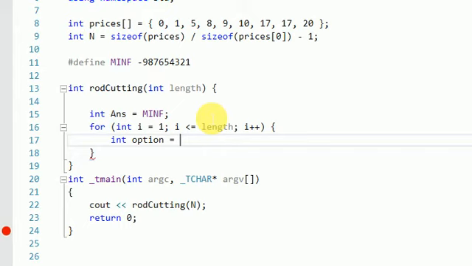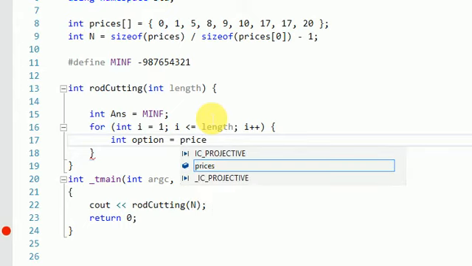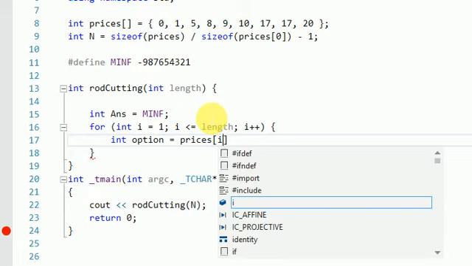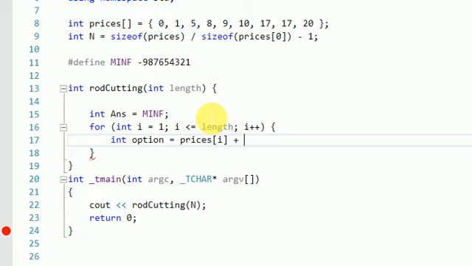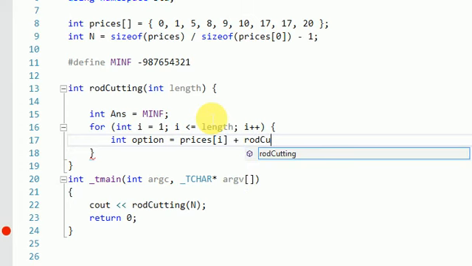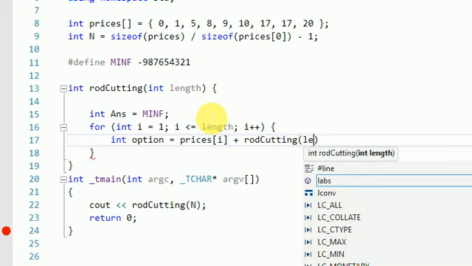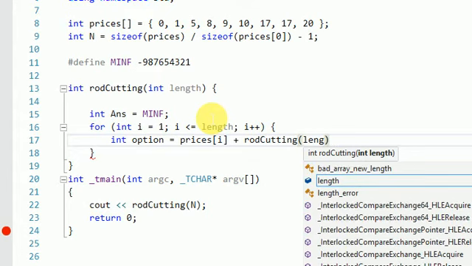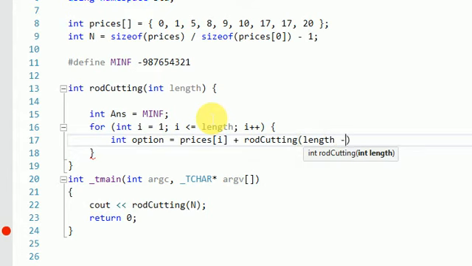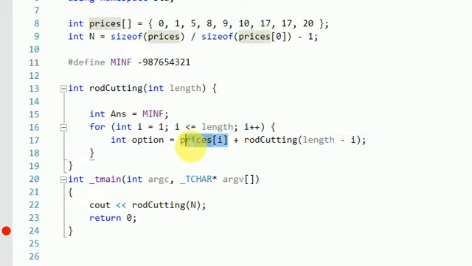So price of i plus, find what is the value that I am going to get when length minus i. So for i length, you are splitting the rod. Currently i is 1. So 8 minus 1 is the leftover rod.